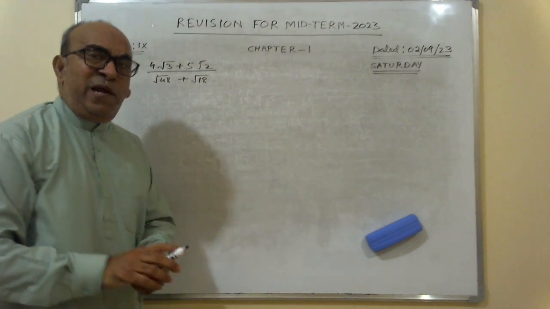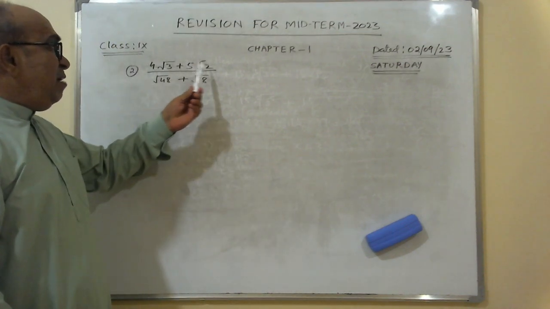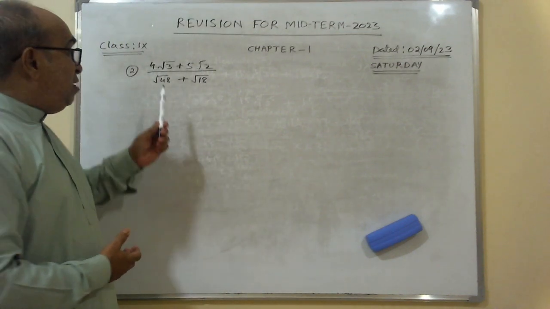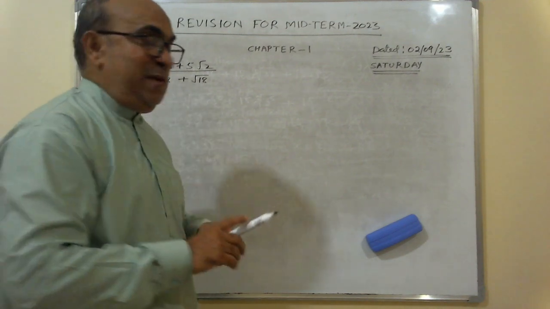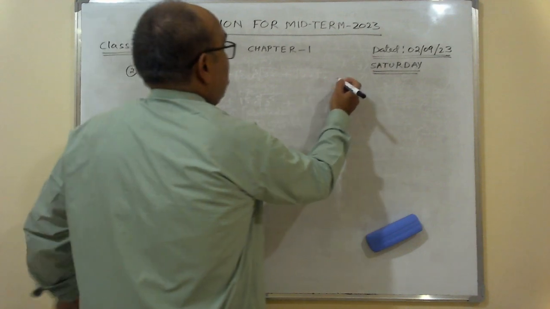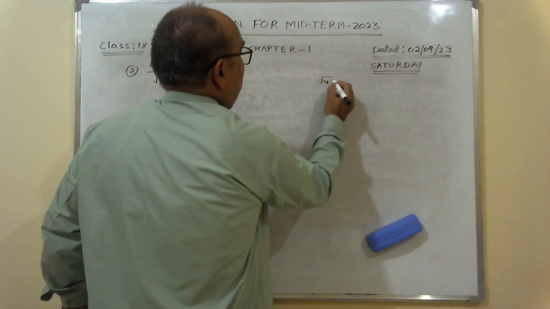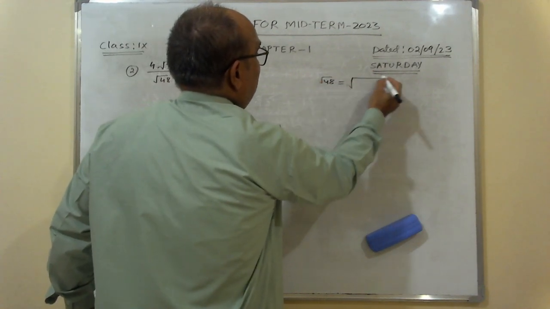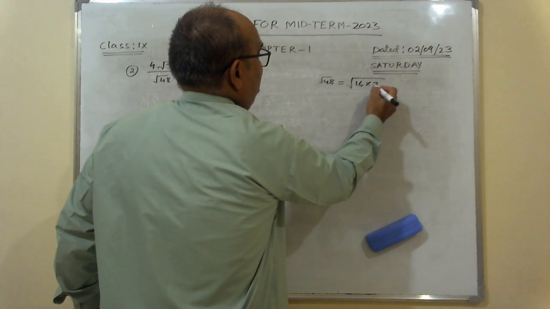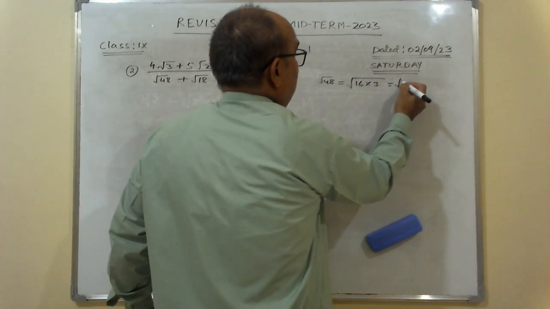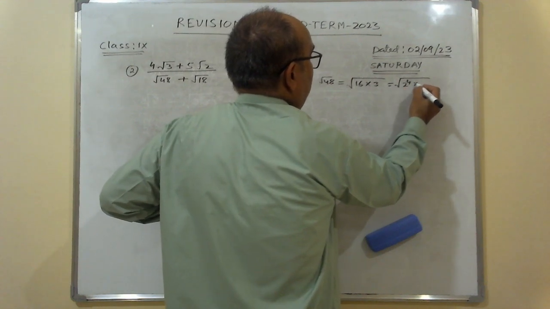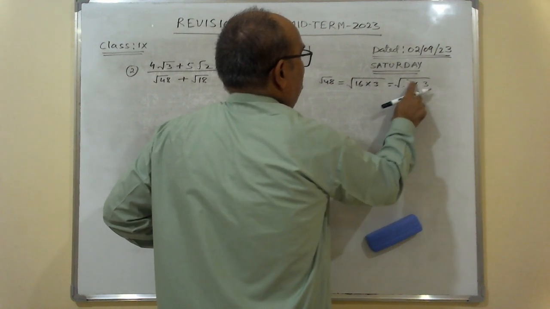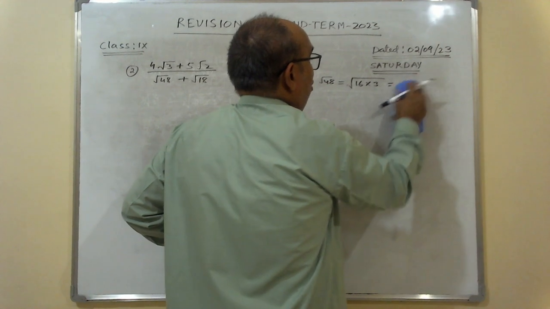See, in the numerator, inside the radical, these are prime numbers. But in the denominator, they are not prime numbers. So simplify them. Maybe you can simplify these radicals. The square root of 48 can be written as 16 into 3. 16 threes are 48, and it is 2 power 4 into 3. Or you can directly simplify, no need to write.